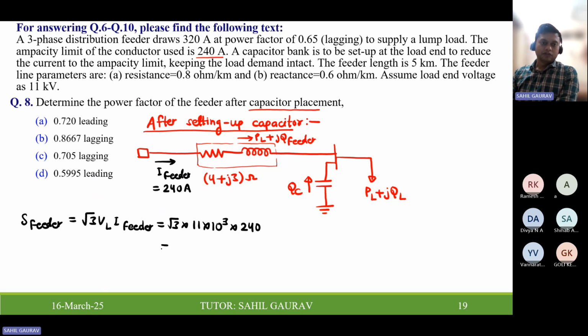So it will give you 4572.614 kVA, the amount of apparent power flowing through feeder. Now you can easily find the power factor of the feeder after capacitor placement. You can find it or not.